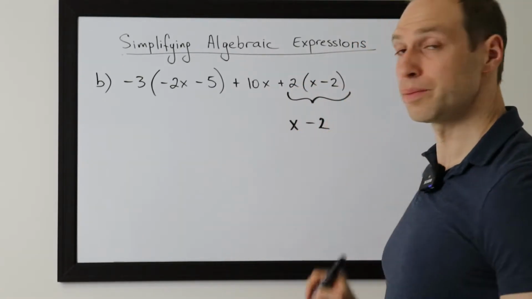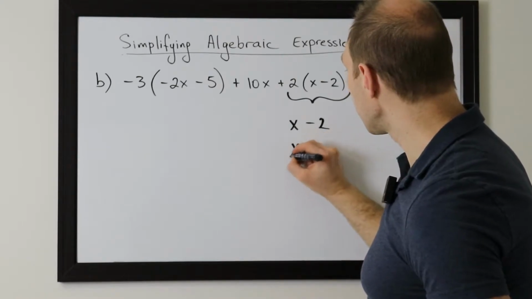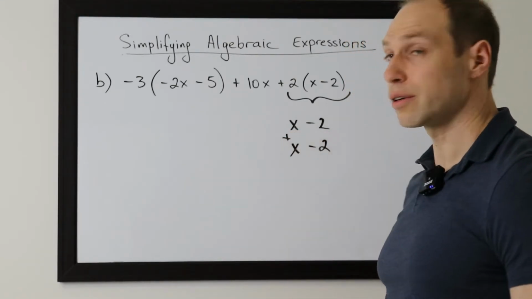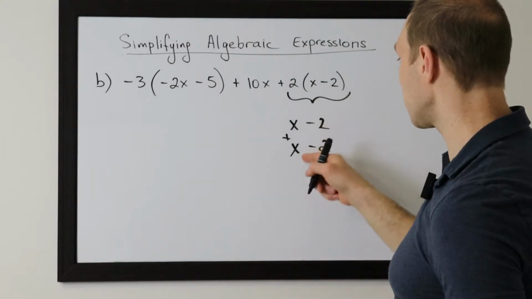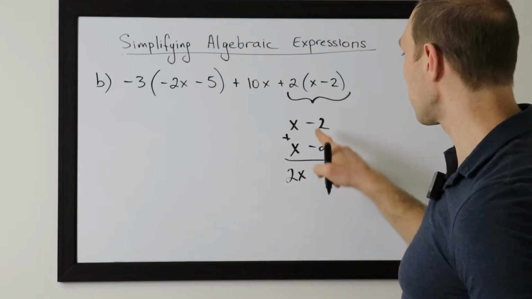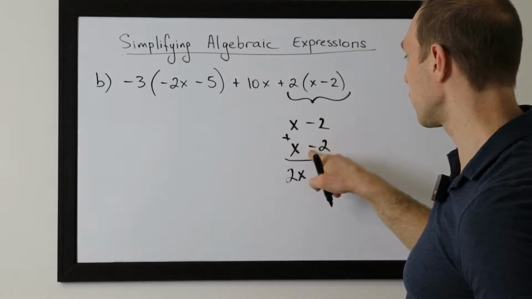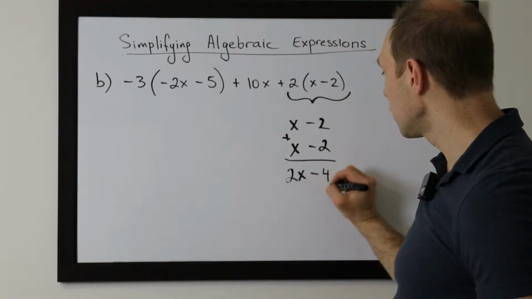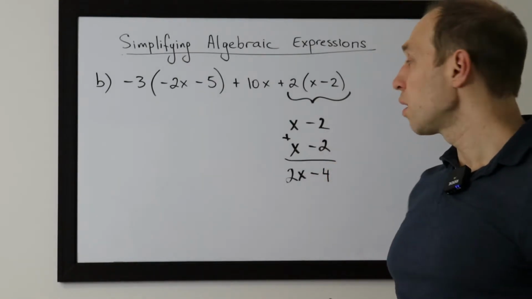So we have essentially x minus 2 and x minus 2 again added together. So if we were to add these two together, we would get 2x and then negative 2 plus a negative 2 will give us an even more negative number of negative 4.